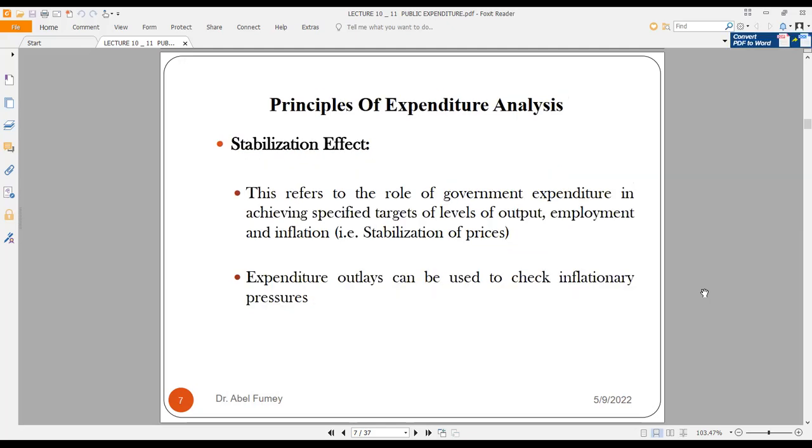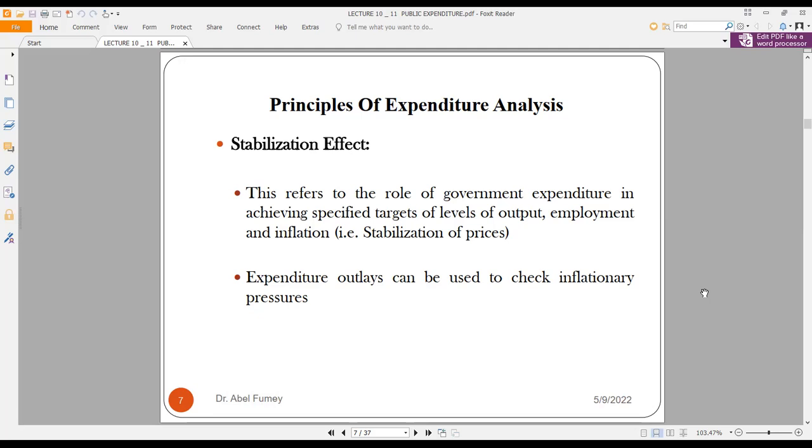And then the stabilization effect talks about how government uses its spending to control certain key macroeconomic variables. After the government has spent, what is the effect on the output level? Is it going to cause an increase? Is it going to cause a decrease? How do we use government expenditure to stabilize prices?